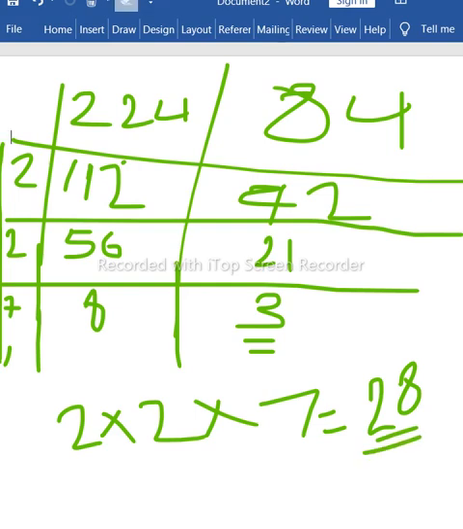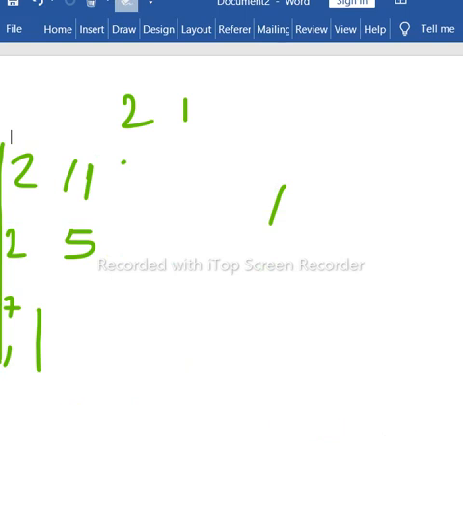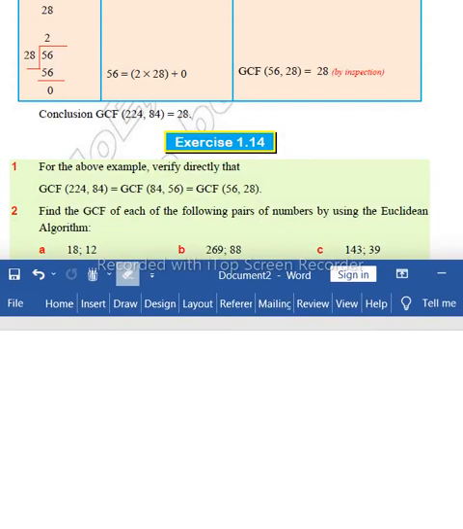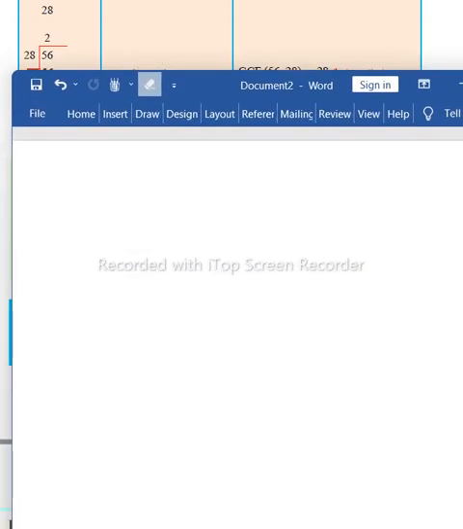Again, we can also show you for the next question. Let us show it for 84 and 56.